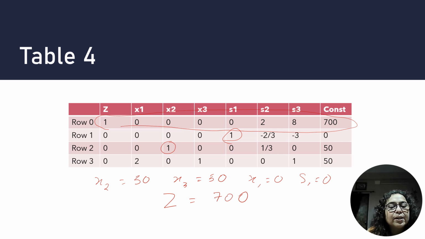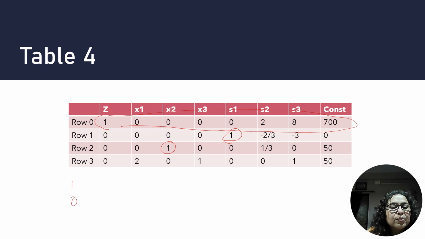Okay, so if I want to write it in the form of the matrix, let me write it in this form. It is the identity matrix with the basis. I have 1, 0, 0, 0, and I have 0, 1, 0, 0.